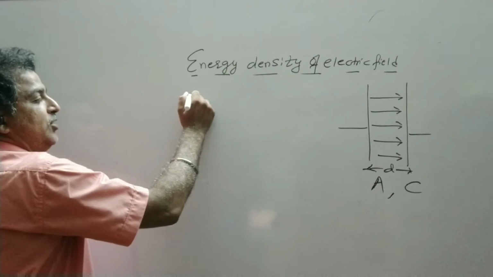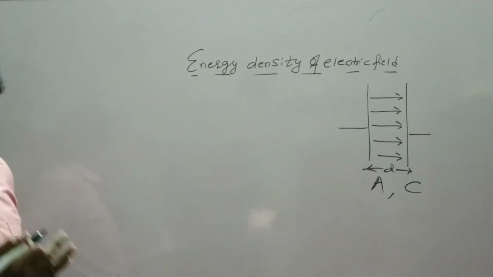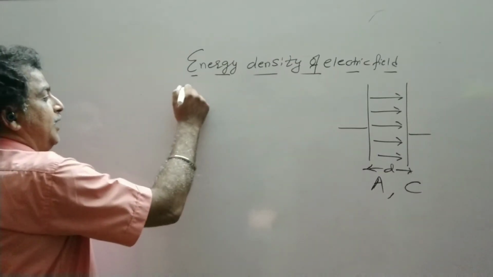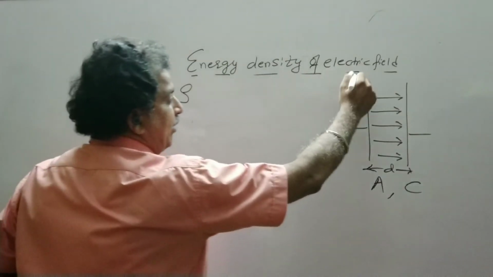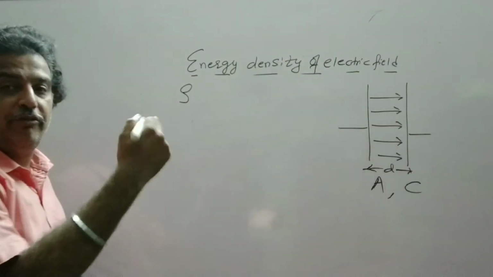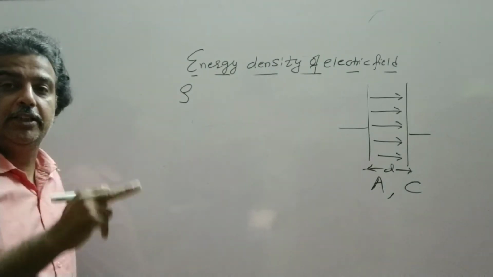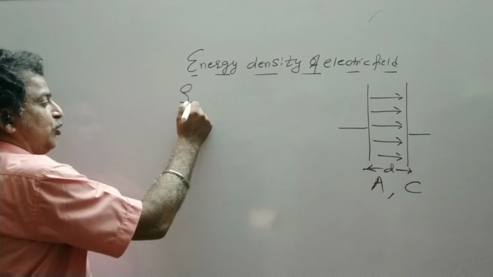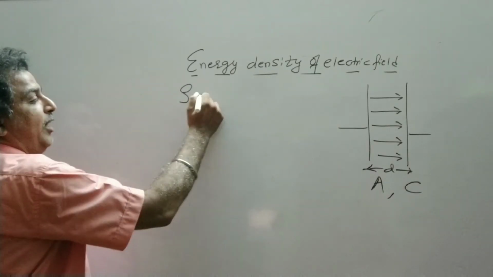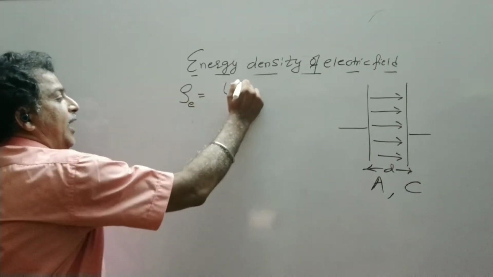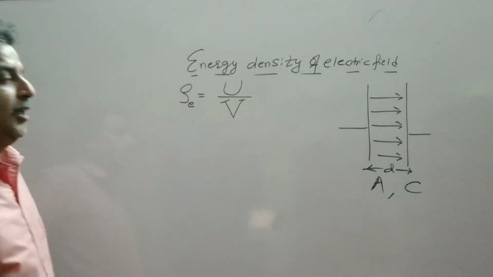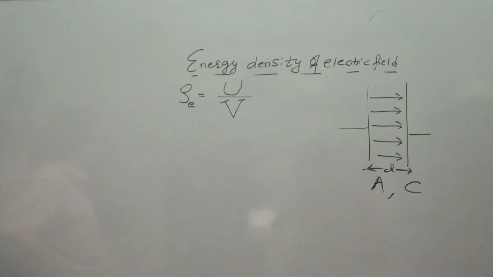Now energy density means energy per unit volume. So energy density of electric field, because we have energy density of magnetic field also and energy density of electromagnetic waves also. So we denote this as rho E, E for electric field, and it is defined as energy stored per unit volume.